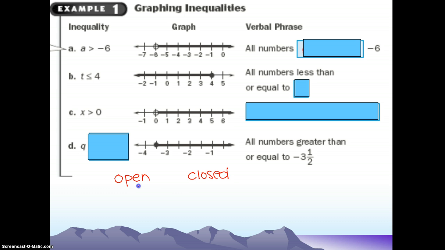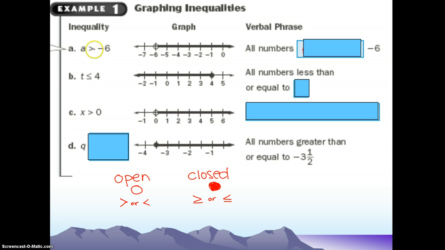An open circle looks like a 0 or O not shaded in, where closed is a circle shaded in. Open is when it's greater than or less than symbols. Closed is when it's greater than or equal to or less than or equal to. So that line underneath the inequality symbol tells you if it's closed or not.